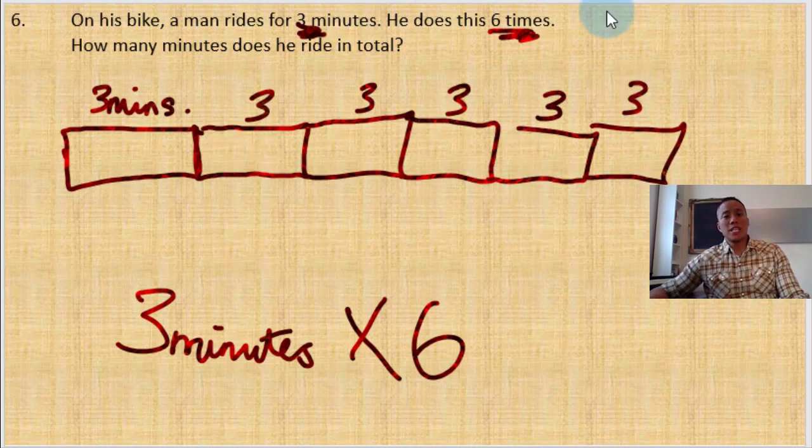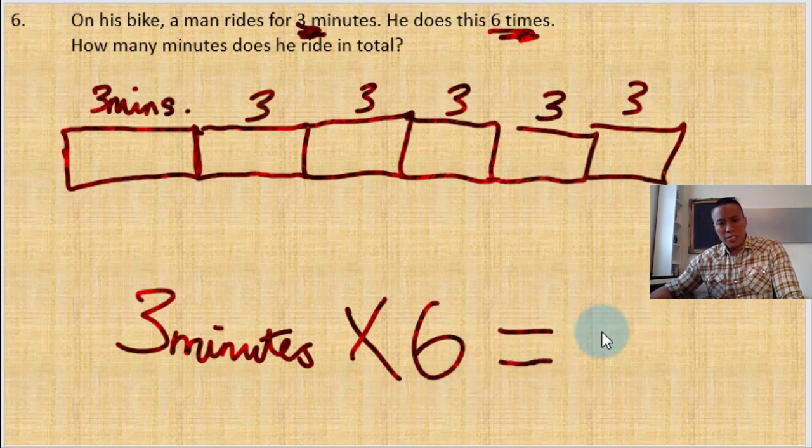If you can count in threes, fantastic. There's a song that goes 3, 6, 9, 12, 15, 18, 21, 24, 27, counting up to 30. And you could use that to help you count in threes if you really want to. 3, 6, 9, 12, 15, 18. All right, that's 18. So 3 lots of 6 is the same as 6 lots of 3s.